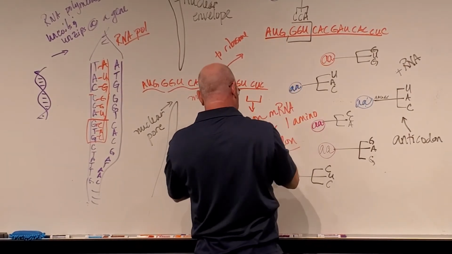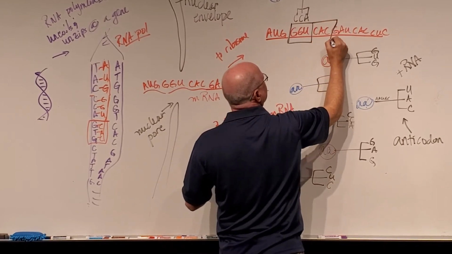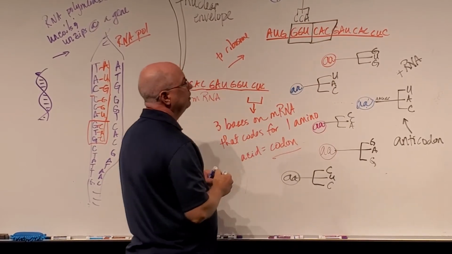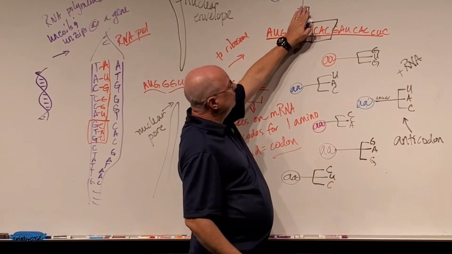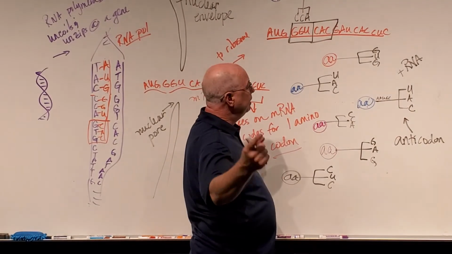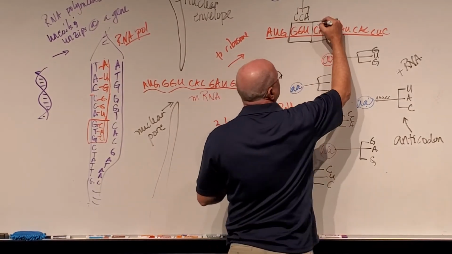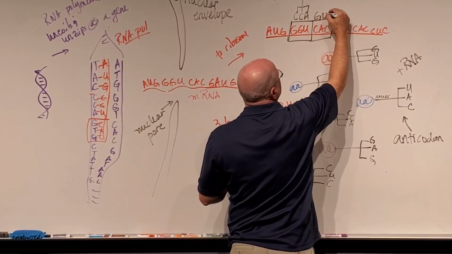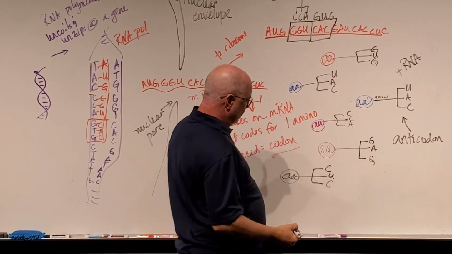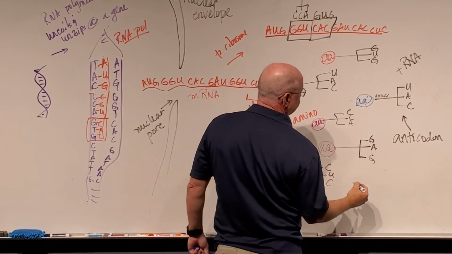Now the ribosome is reading these 6 bases. It's still holding on to this tRNA, which is holding on to that amino acid, which is chemically bound to that one, and it brings in the next tRNA that has the matching anticodon, which is going to be GUG. And I don't think I did one here, but let's say, oh yeah, I did.